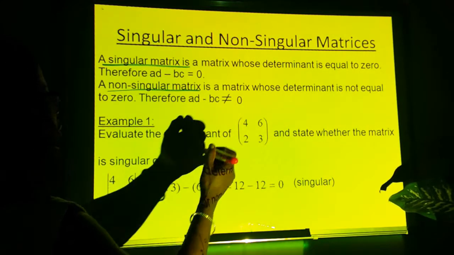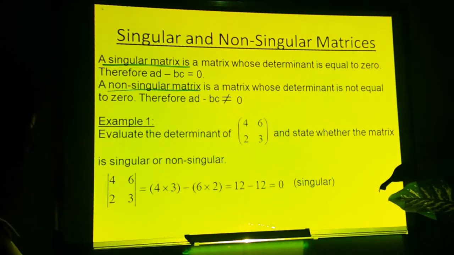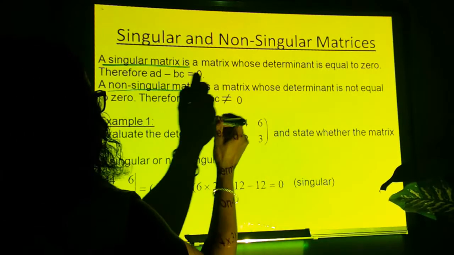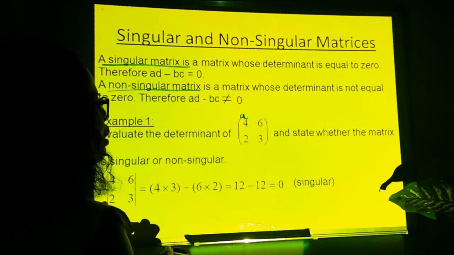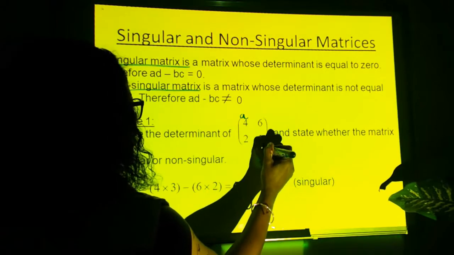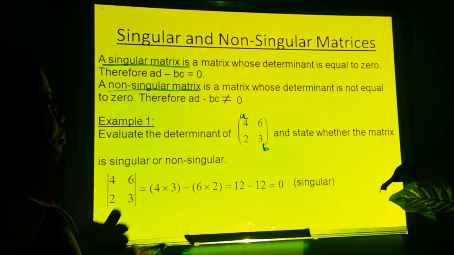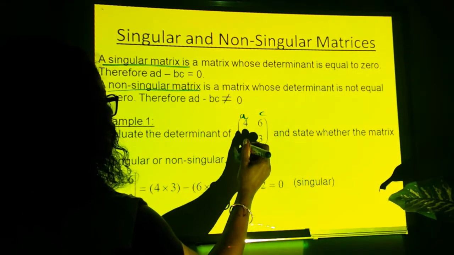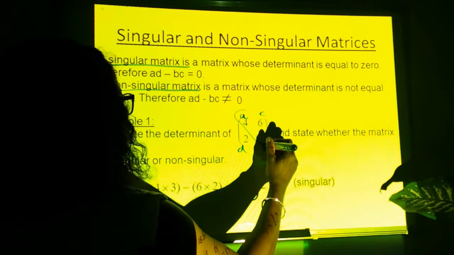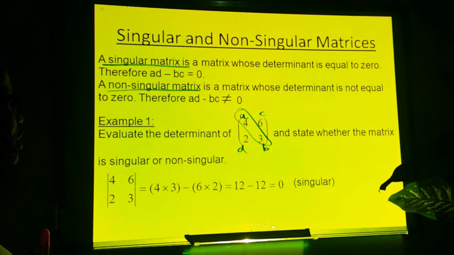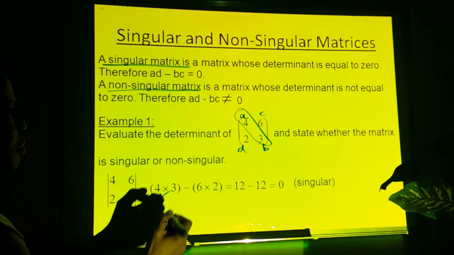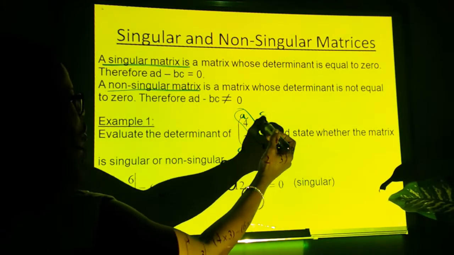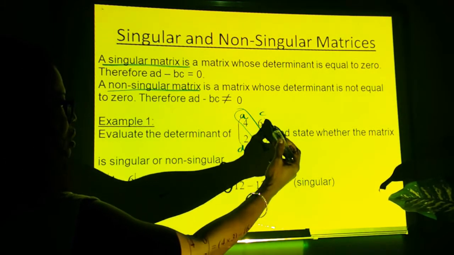Again, we all know the formula, so we know that this is A, top left, and B, bottom right. This is C and D. So that's 4 times 3, which we have here, minus the non-leading or the minor diagonal.